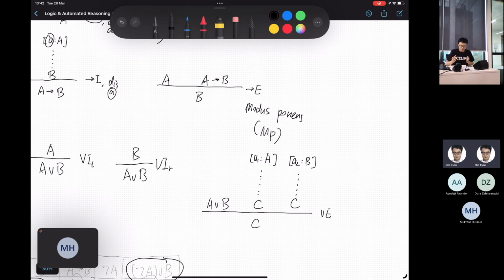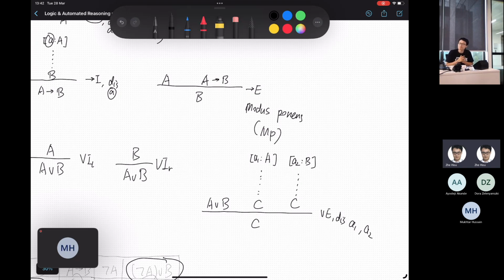All right. So you know that if A is true, then C is true. If B is true, then C is true. At least one of A or B is true. Then C must be true regardless. Okay, so this is how we eliminate an OR. And then once you derive C in the conclusion, you can dismiss the two assumptions, A1 and A2.